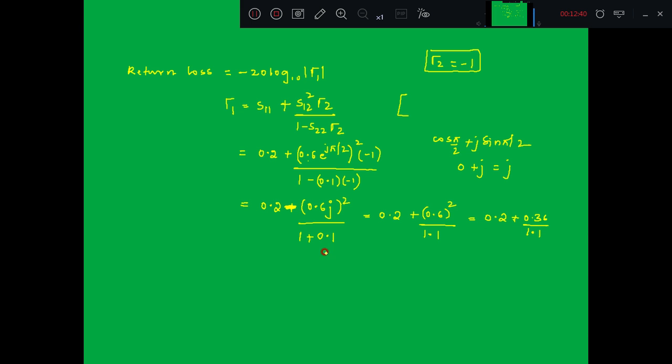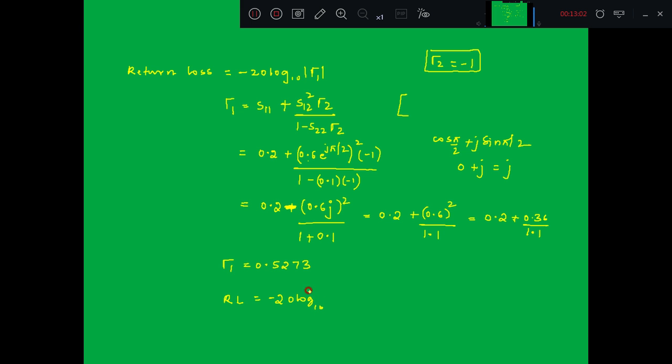If you simplify this, you will get tau 1 equal to 0.5273. And therefore the return loss RL, which is always measured in decibels, is -20 log to the base 10 of tau 1.